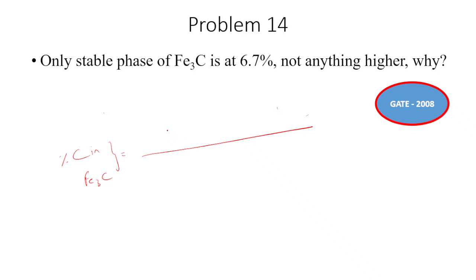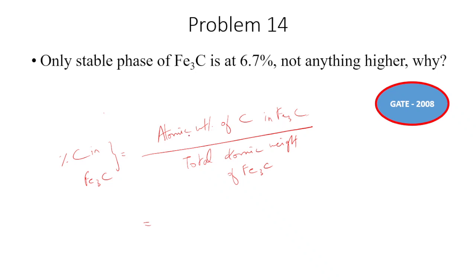It is nothing but the atomic weight of carbon in Fe3C divided by the total atomic weight of Fe3C.